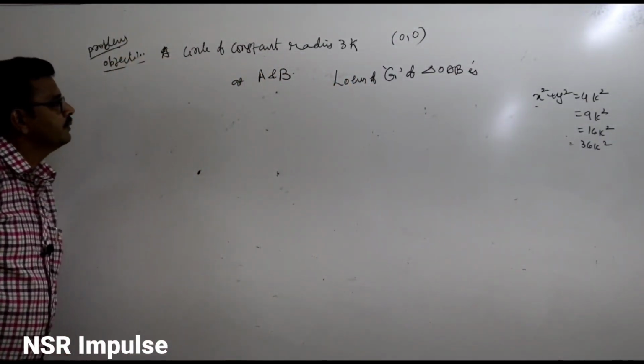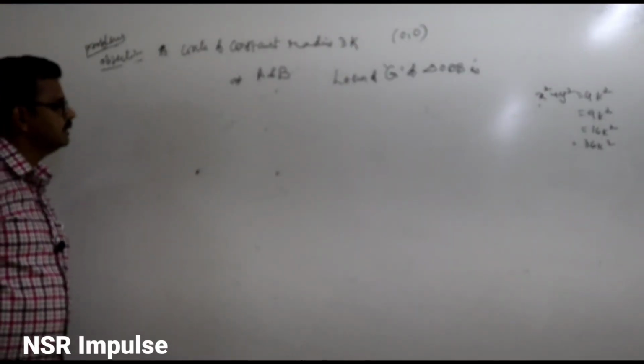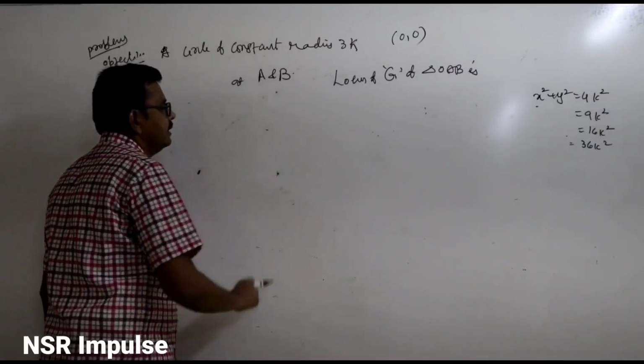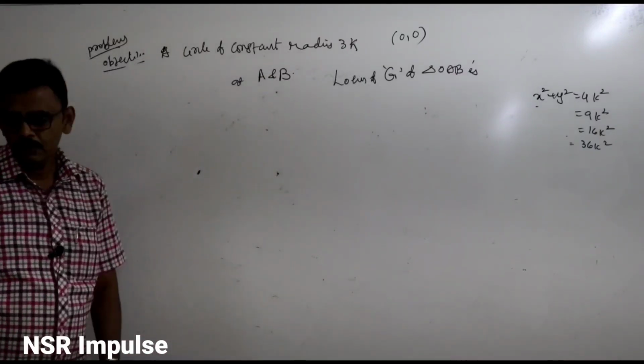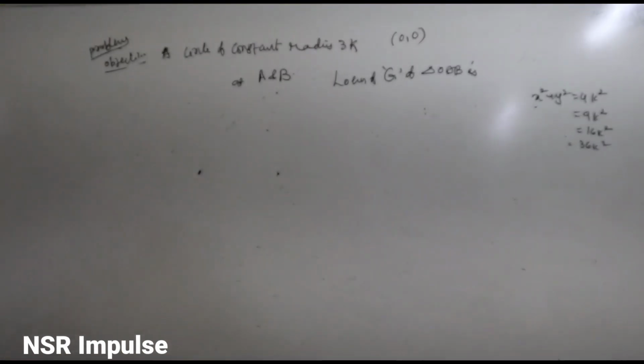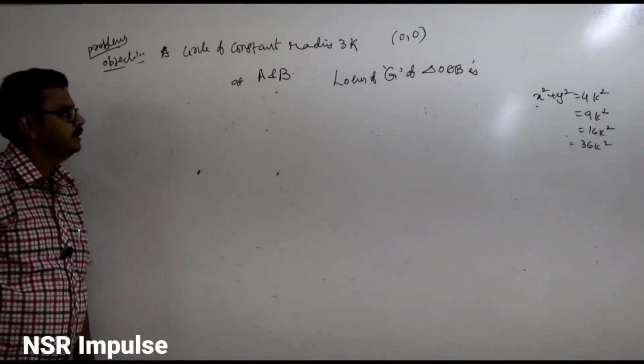A circle of constant radius 3K passes through origin, cuts the coordinate axis at the points A and B. Then the locus of centroid of triangle OAB is.